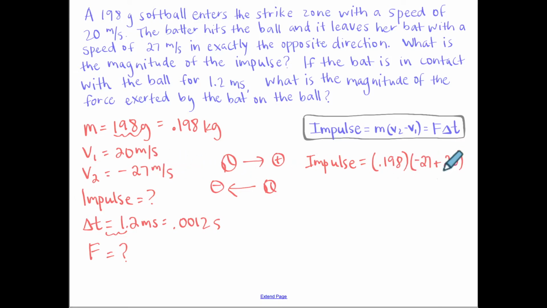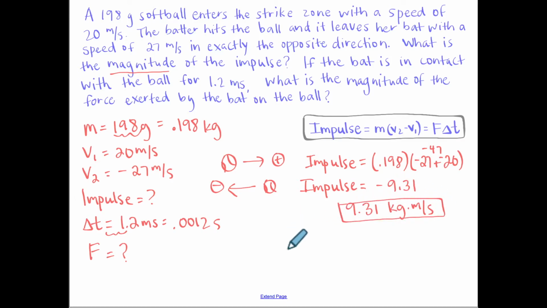So that's like plus a negative, so this turns out to be negative 47. So when we work this out, we get an impulse of negative 9.31. However, it asks for the magnitude of the impulse, so we would put in 9.31 kilogram meters per second.